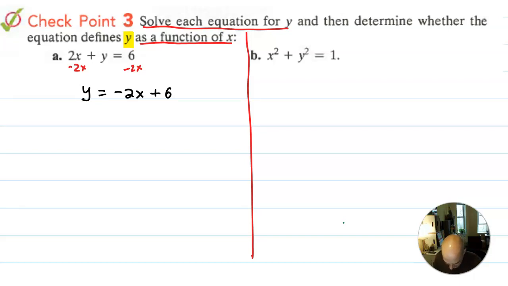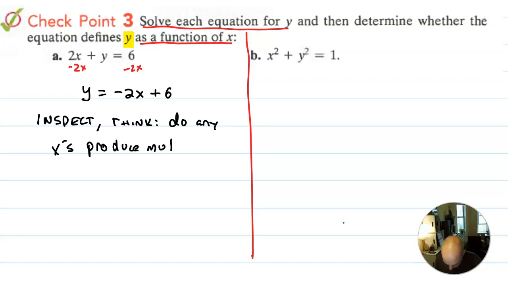But right now, basically, you just inspect and think. Do any x's produce multiple y's? And you can look at this equation, and this is a predictable linear equation. There's no funny business going on here.